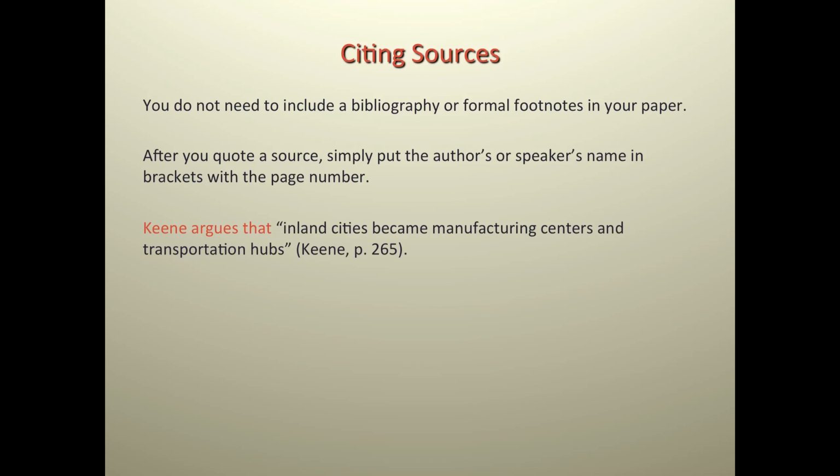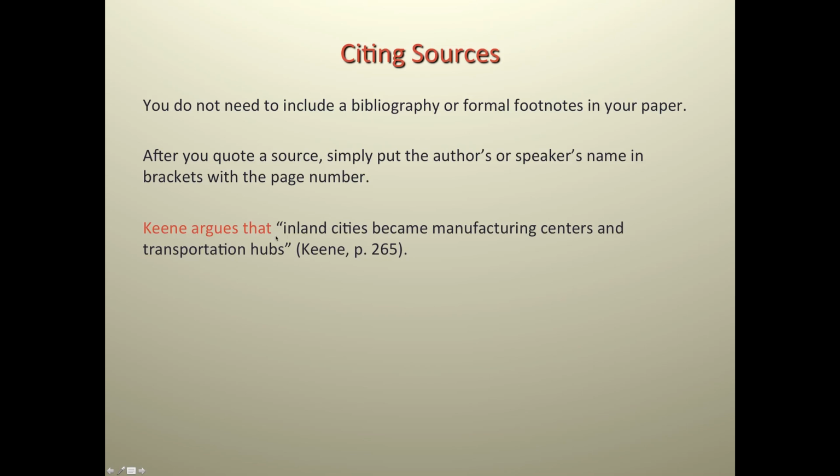So for instance, if you were quoting the author of our textbook, you would say, Keene argues that, or you'd have some other opening here. And then you'd put in the quote, inland cities became manufacturing centers and transportation hubs. And then you put the author in brackets. You'd have the author's name, and this is from a book, so we have a page number here.